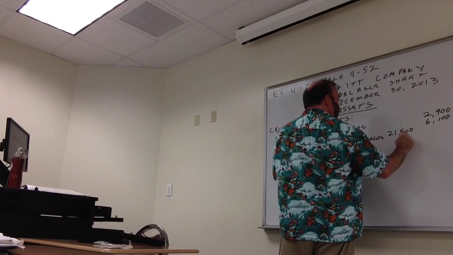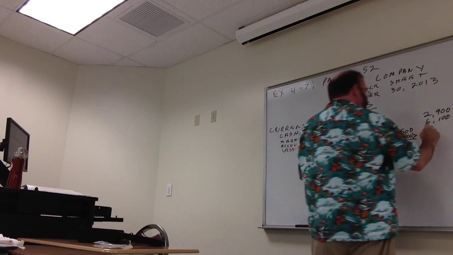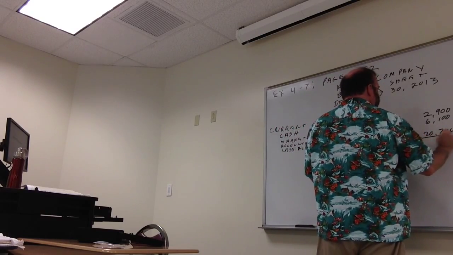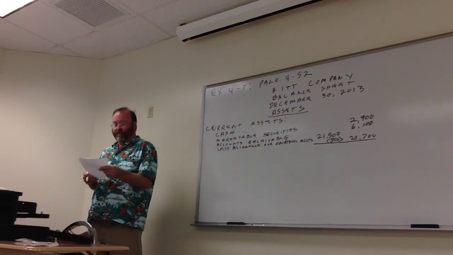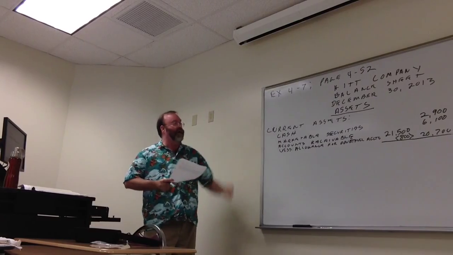And that's $800. So the net of that is $20,700. That's the net realizable value on accounts receivable. So this is everything that is cash or what we're going to turn into cash.